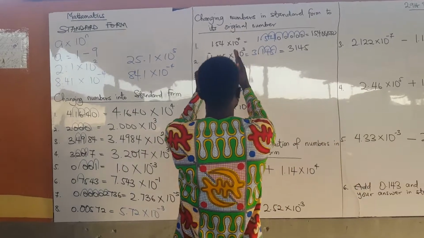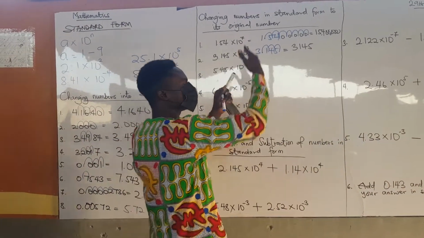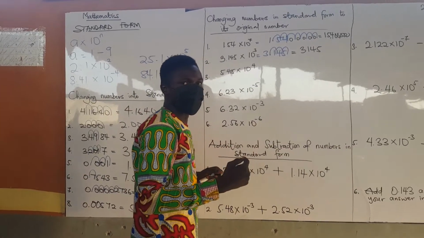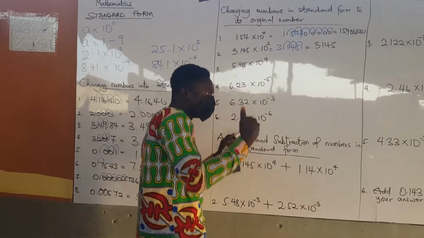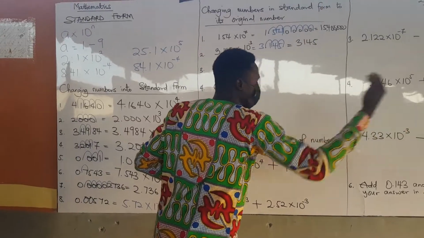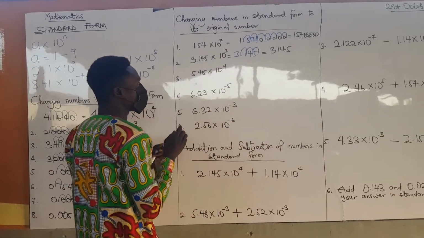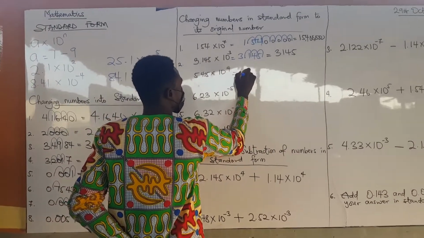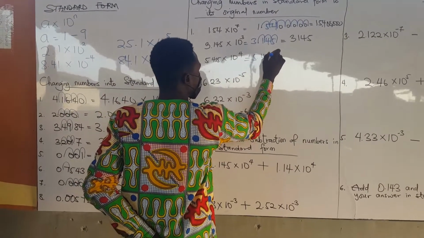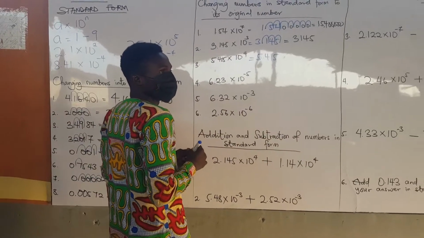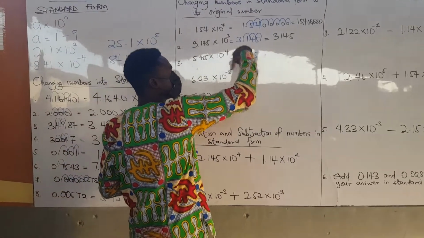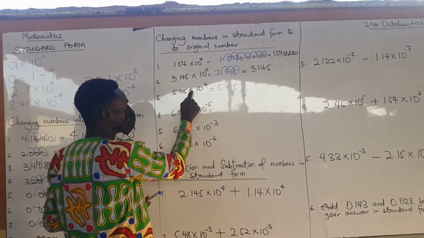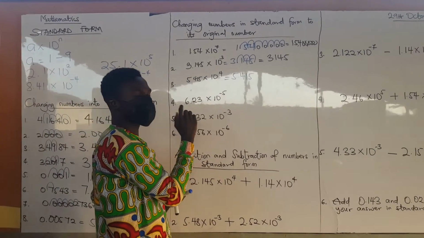So if you are changing from standard form to its original number, consider the power of 10. If it is positive, move to your right. Good. Now let's come to this side. What do we have here? We have 5.415. And we are changing this into its original number.